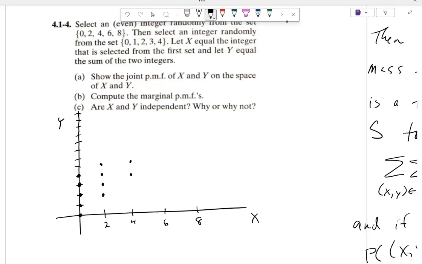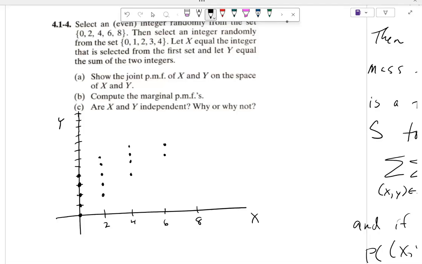For a sum of 6, we can't use 0, but we could use 2, 4, and 6. For a 7, 4 and 6.